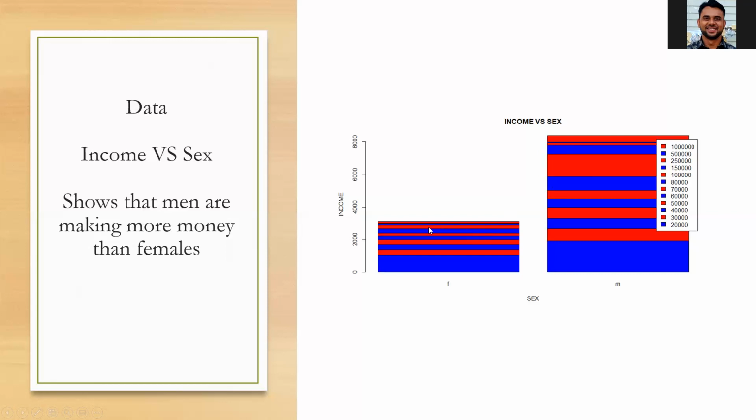There are barely any females making past that 50,000 mark, whereas if you look at the males, they're making in the $1 million range. So there is, of course, income inequality, which is something we've been talking about, and the data that we were provided kind of shows that it is true. There is a huge gap.